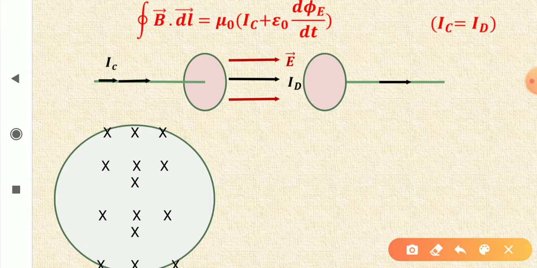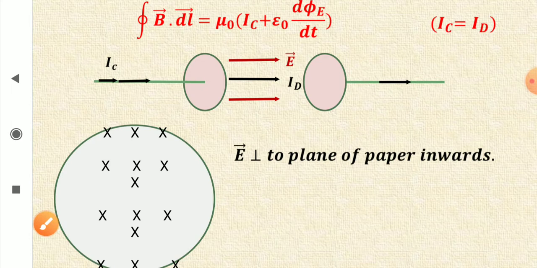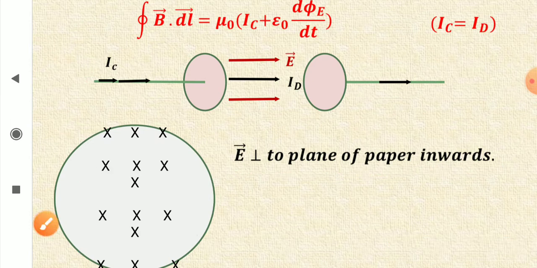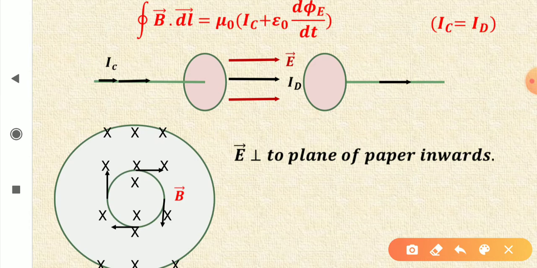See, we have electric field here which is changing, and let us try to show the electric field here. Electric field is perpendicular to the plane of paper, inwards. We have shown this in this figure. It is perpendicular to the plane and inwards, and if it is so, you can think of a plane here where electric field is inwards, current is moving inwards, right?